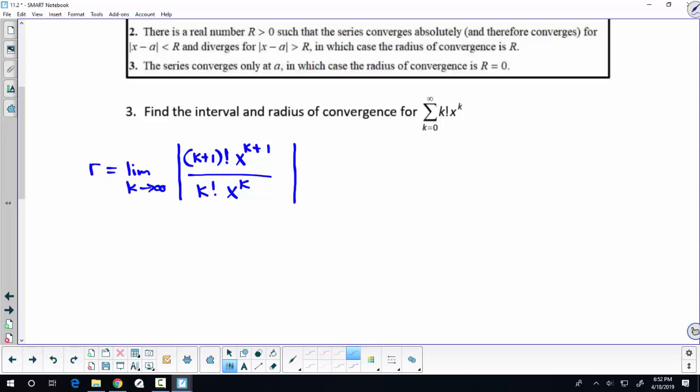So since k is going to infinity, anything that involves k you can pull out of the absolute value. It's really the things with x that we need to keep in the absolute value. So this simplifies to what? Absolute value of x times k plus 1.